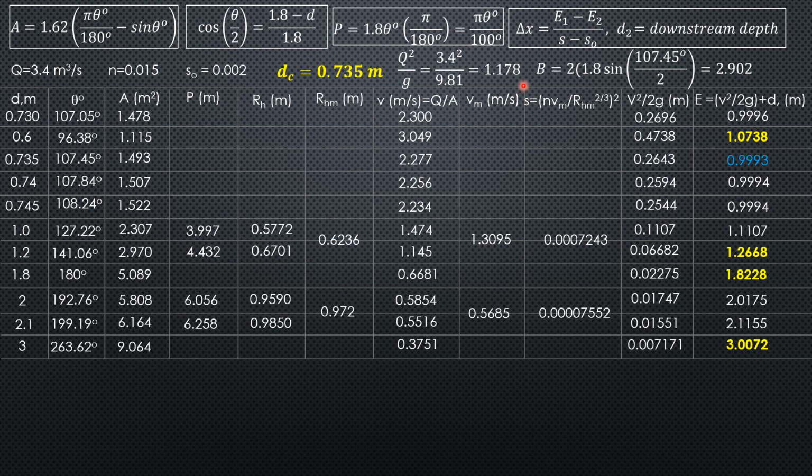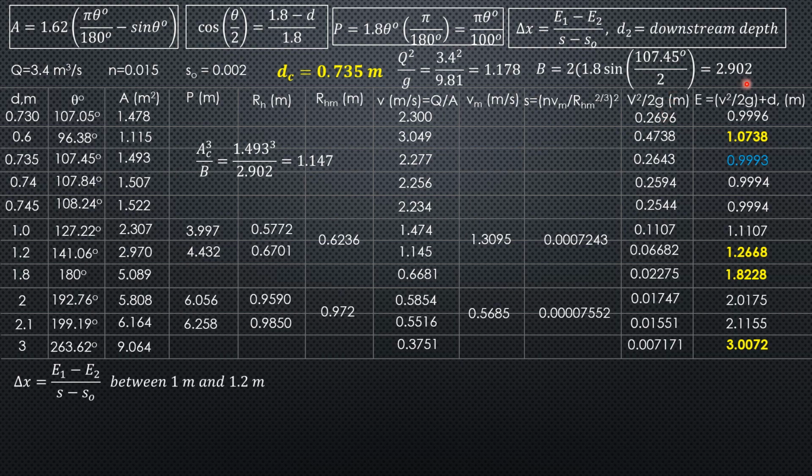So area critical at 0.735 is 1.493. Now the top width. Can you remember the triangle? So the top width is below. It is 2 times 1.8 sine of theta over 2, where theta is 107.45, divided by 2, so 2.902 meters.